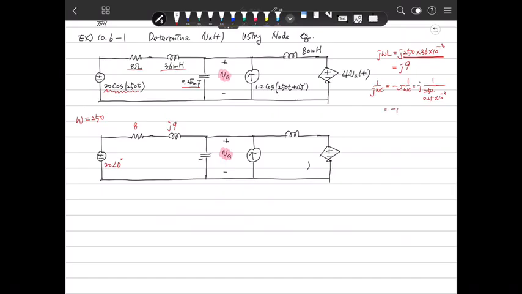So that value is minus j16. You need to calculate it here. So that is minus j16. Also, that source value is 1.2 at 45 degrees.